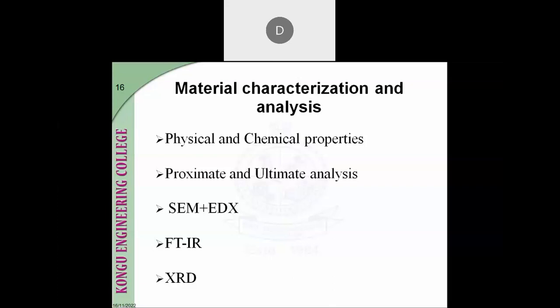If you take FTIR, we know that it can be used to analyze solids, liquids, and gases, and to quantify specific components of an unknown combination.